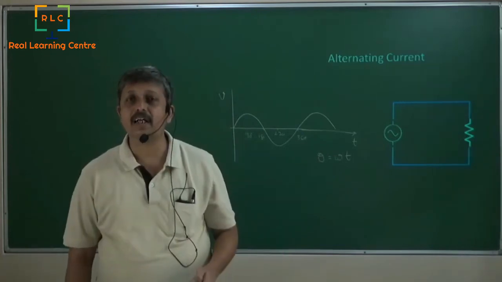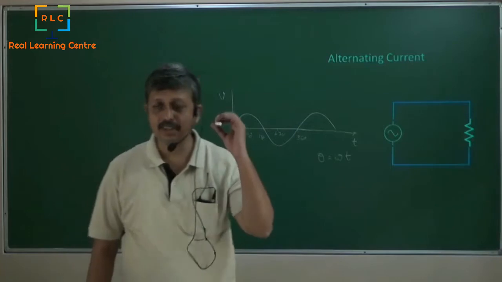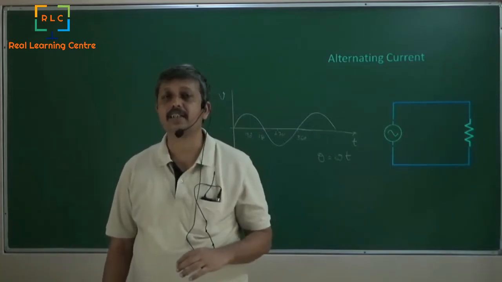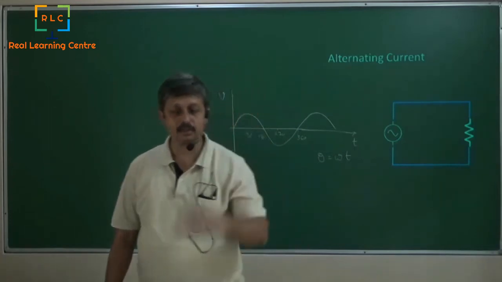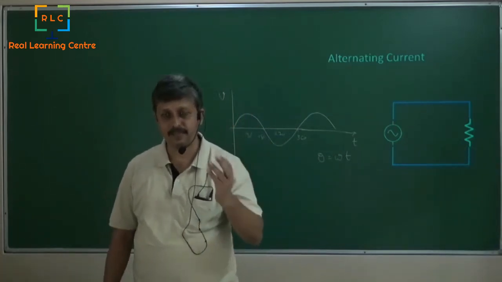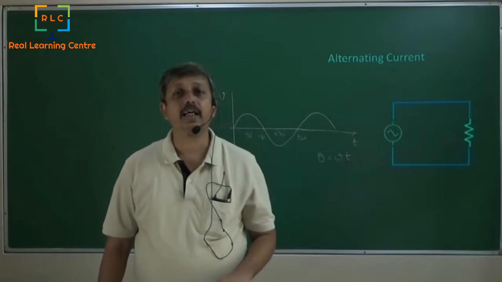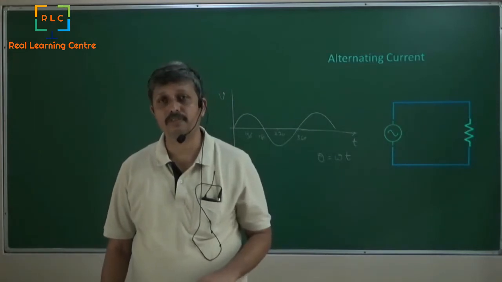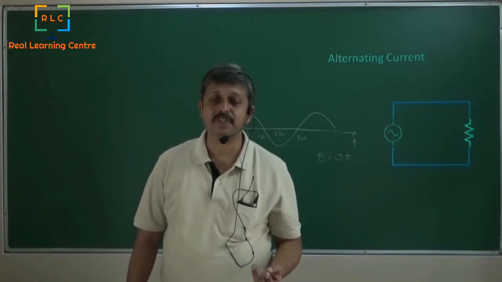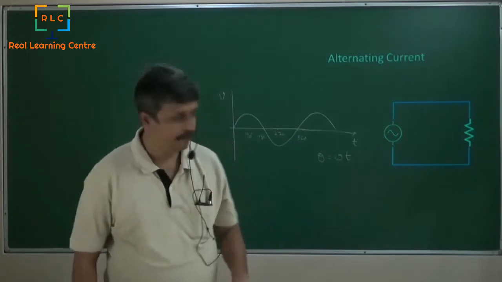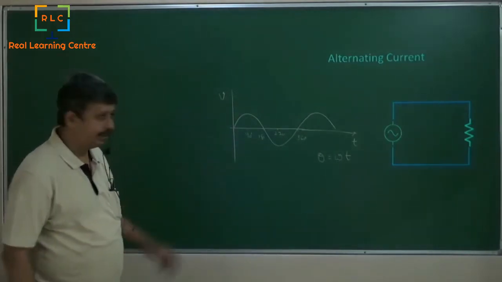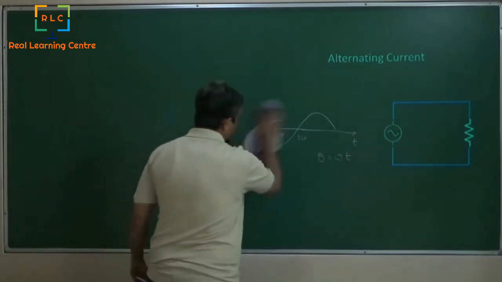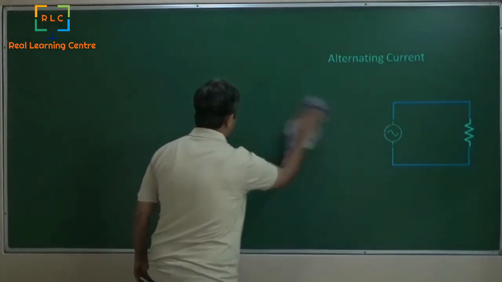But Tesla argued that instead you can send alternating current through wires, and the loss in the wires when you send alternating current is very little. There was a huge trade war between Tesla and Edison during that time, but finally Tesla's idea won. So we still have alternating current at home.